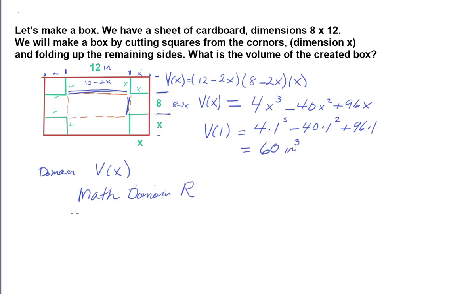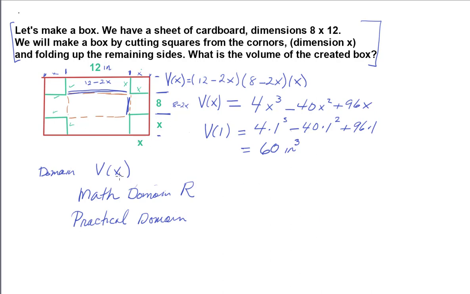But besides a math domain, we could have something that I like to refer to as a practical domain. Because as soon as we put some words with a problem like we have right here, we've given that problem a context. And in that context, there may be values of the independent variable x that just don't make sense.